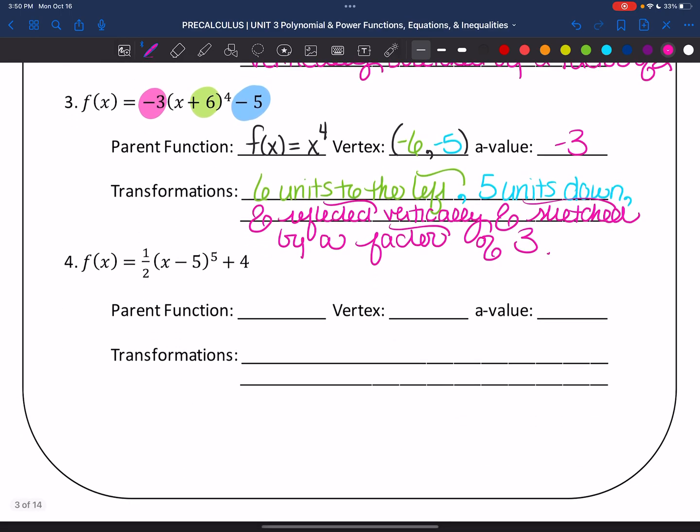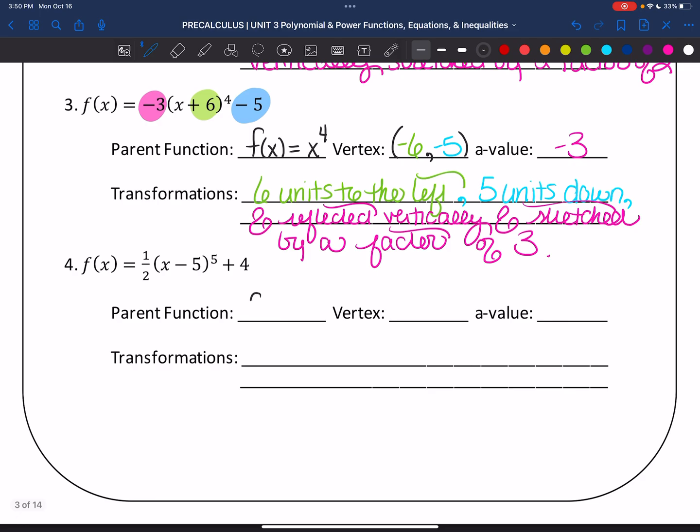Cool. Okay, you guys, last one. For this example, what is the parent function going to be? All right, it is a power function, power of 5, and the basic would just be x to the 5th power. We've got a lot of changes here.